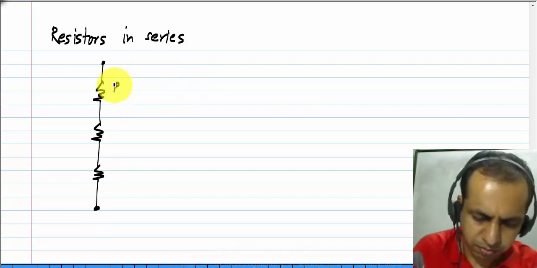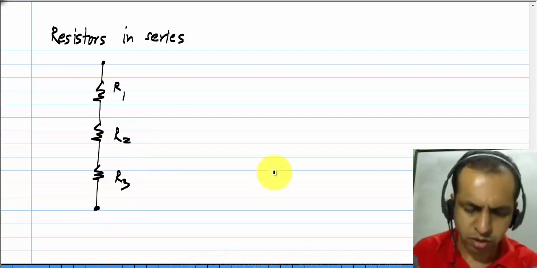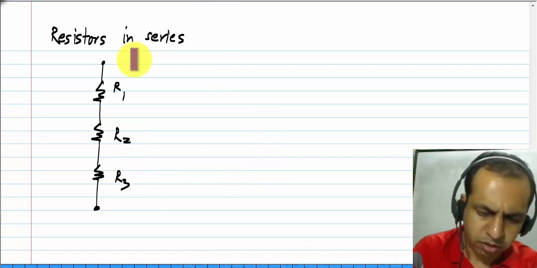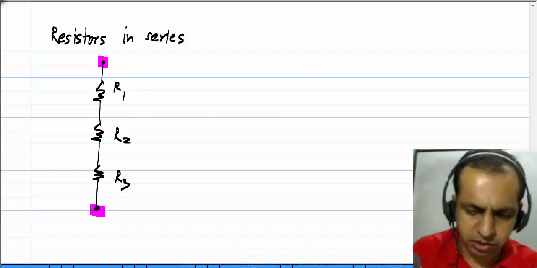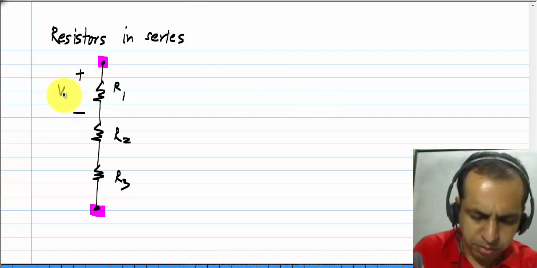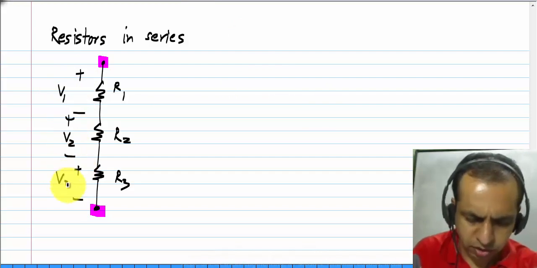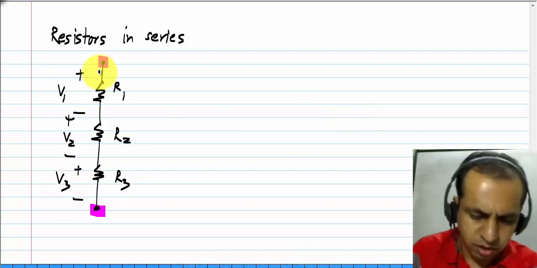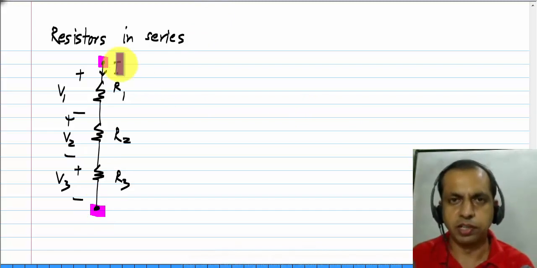Okay. Now what we want to know is what is the effective behavior between the upper and lower terminals. Okay. So for that, let me mark the voltages across each resistor and the current through each resistor, and we know that the same current flows through all the resistors because of the series connection.